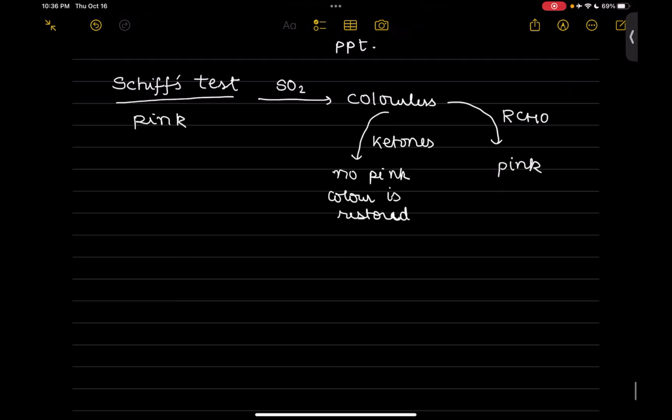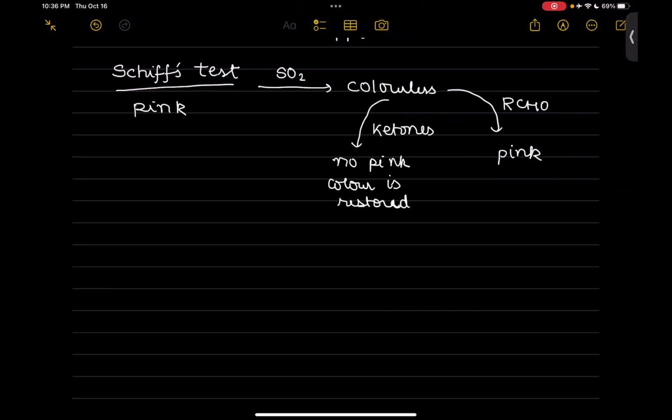Okay, so now we can summarize all the tests which we have studied, including the one which we have studied now. So I will write the aldehyde CH3CHO.